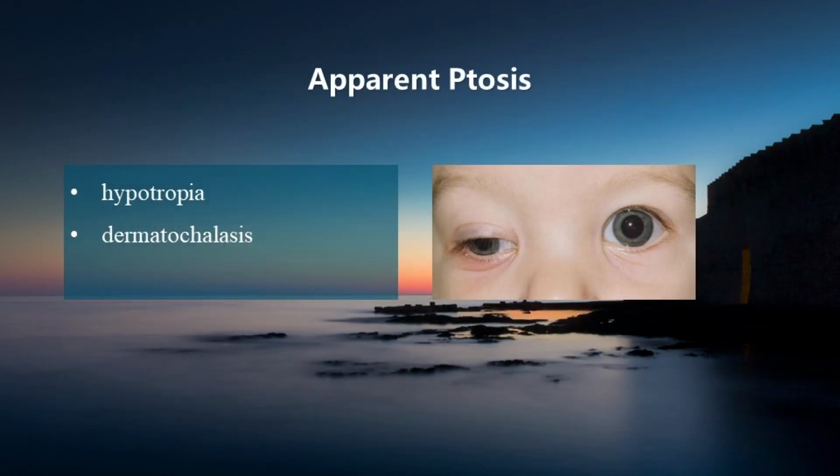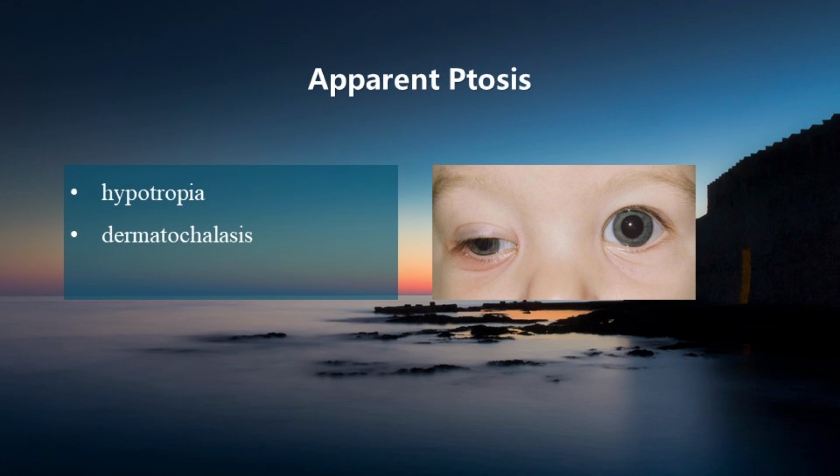Apparent ptosis. Hypertropia may give the appearance of ptosis. When the eye looks down, the upper lid drops more than the lower lid. The narrow palpebral fissure and the ptotic upper lid are much more apparent than the hypertropic globe.